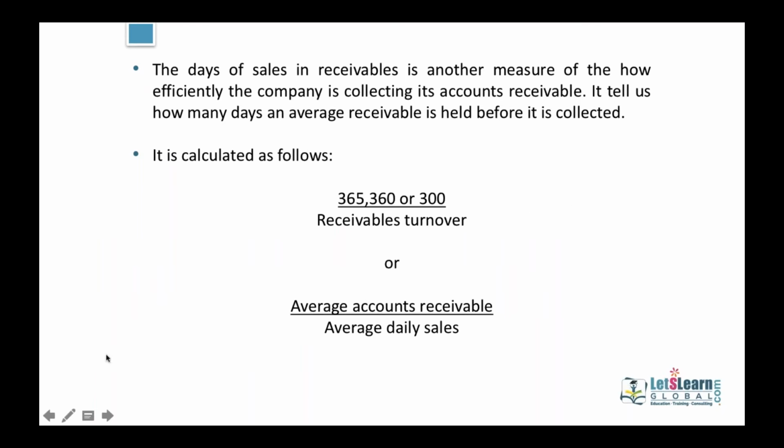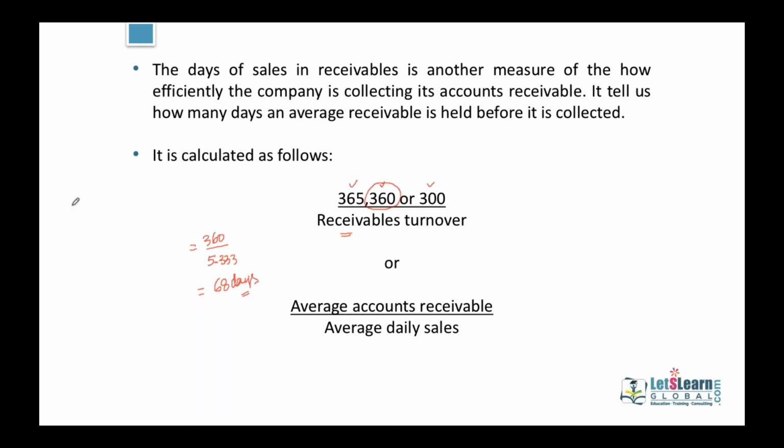The formula we use is 365 or 360 divided by accounts receivable turnover ratio, ARTR. Let me take 360. 360 over 5.333 will give you 67.5 days. I will take 68 days.